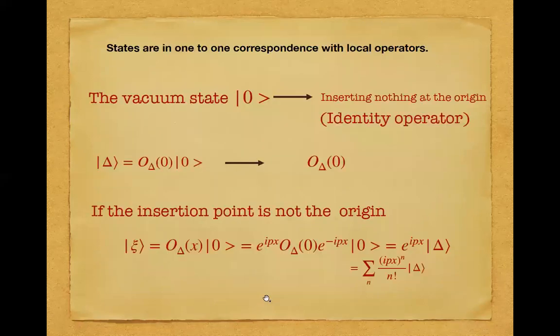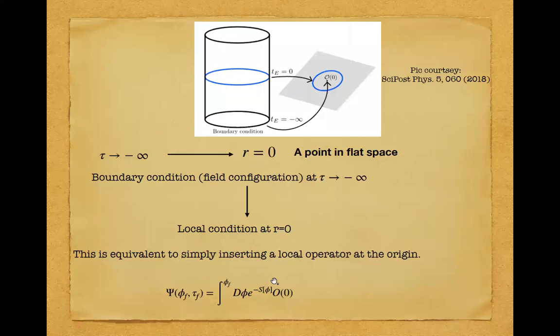If you have a Lagrangian, then you can define it like this. This is one way to see that there is a state operator correspondence, but this is true in an abstract way for any CFT.